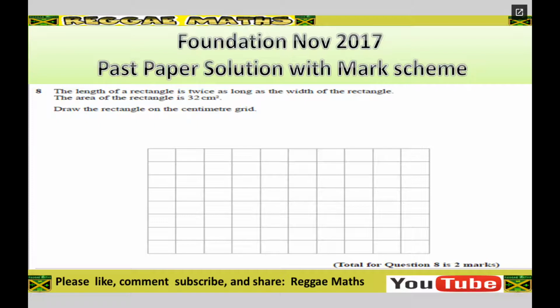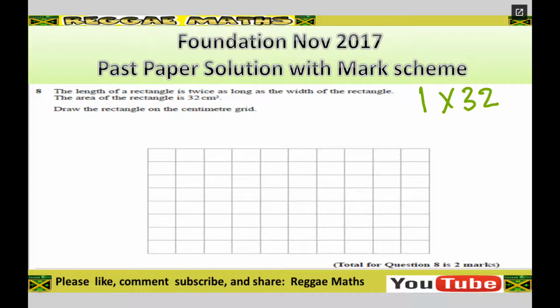Okay. The length of a rectangle is twice as long as the width of the rectangle. The area of the rectangle is 32. Draw the rectangle on the square centimeter grid. So what I'd simply do here is length times width. Okay, so we can start by saying 1 times 32, right?